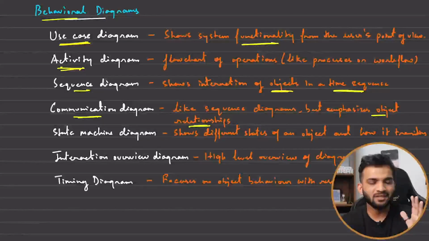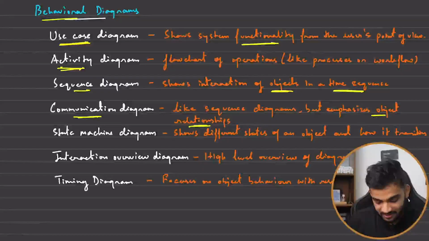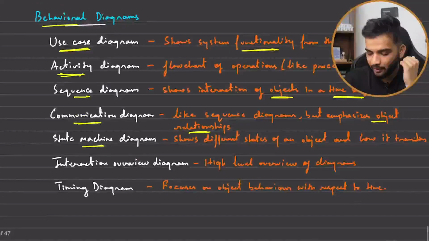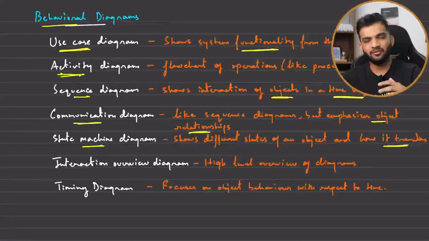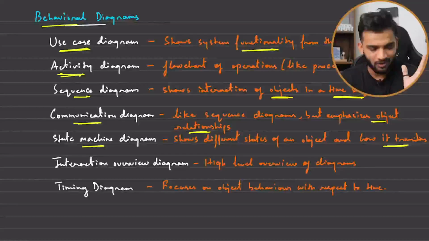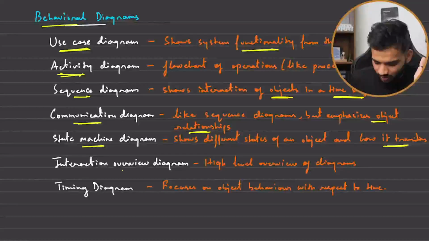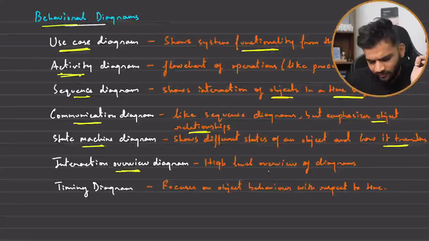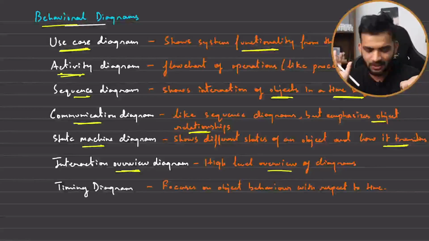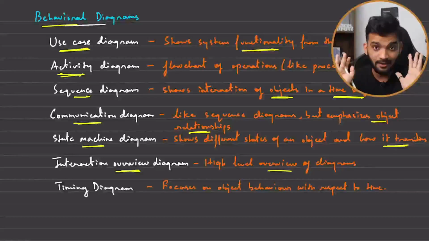Again, too complex, not required. State machine diagram shows different states of an object and how it transitions, like how the value changes, till how long the instance is surviving and everything else. Necessary? No. Interaction overview diagram: a high level overview of diagrams where you basically do the HLD and other things. Again, not required under LLD.